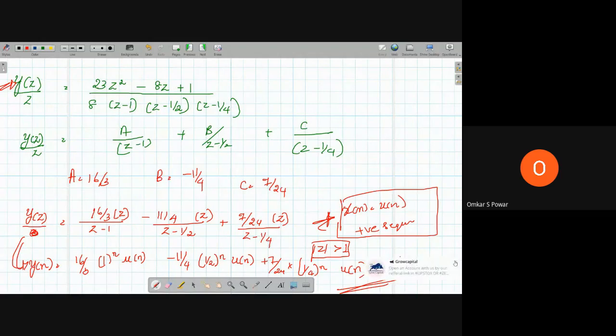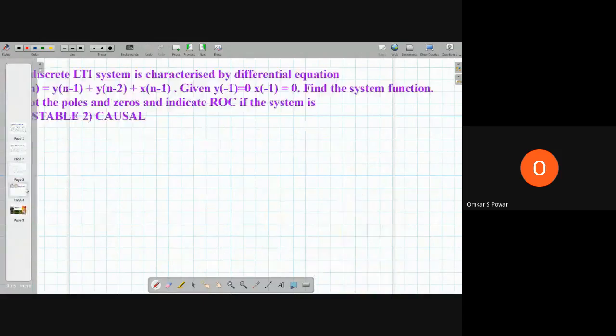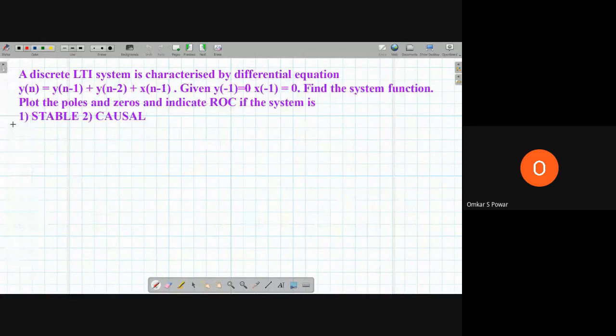So I'm going to solve the last problem. Let me go to the last problem for today, and this will wind up the whole signals and systems course. So we have our question here. A discrete LTI system is characterized by the difference equation y of n is equal to y of n minus 1 plus y of n minus 2 plus x of n minus 1.